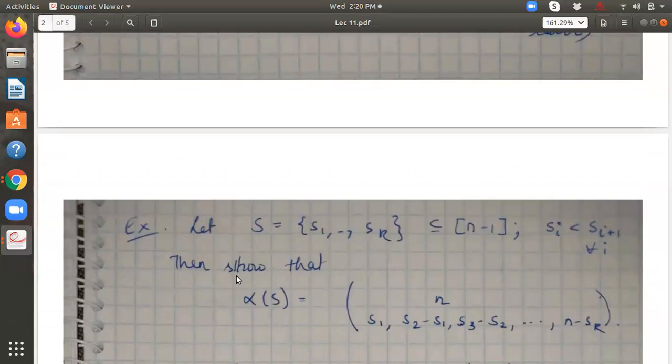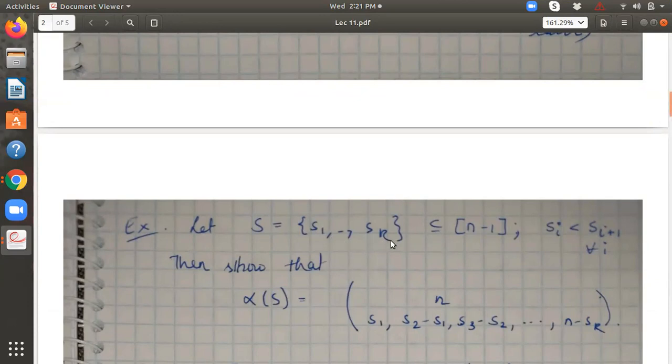One exercise for you is this: take S to be the set {S1, S2, ..., Sk}, clearly a subset of {1, ..., n minus 1}, with Si less than Si plus 1, which means it is written in increasing order.